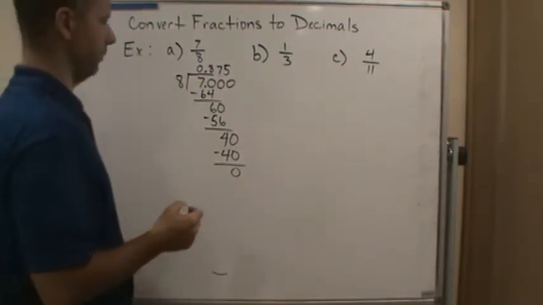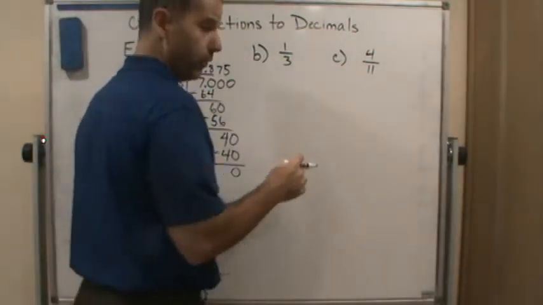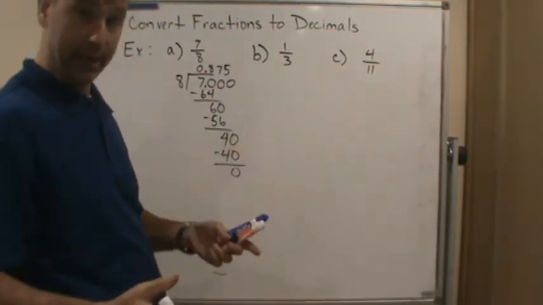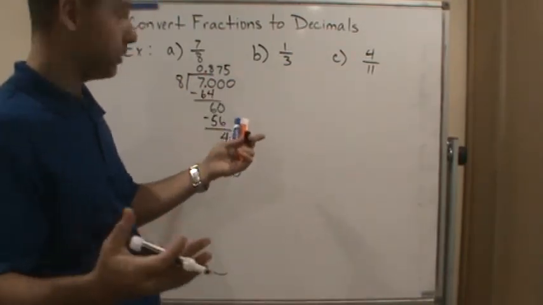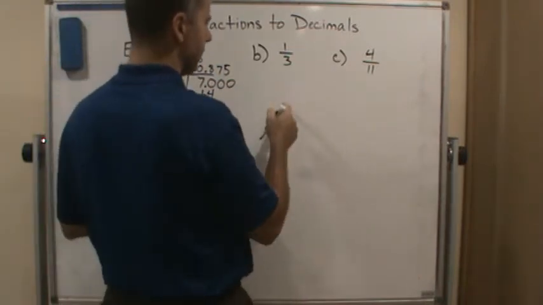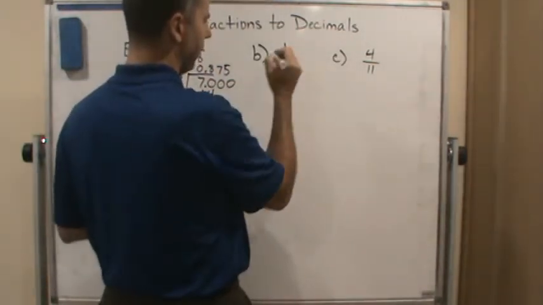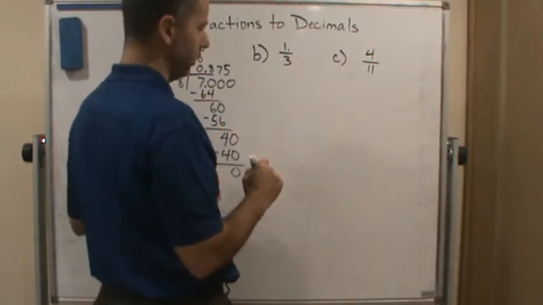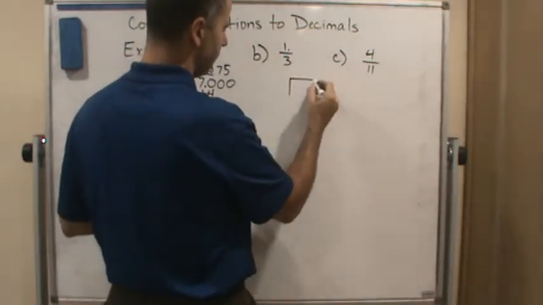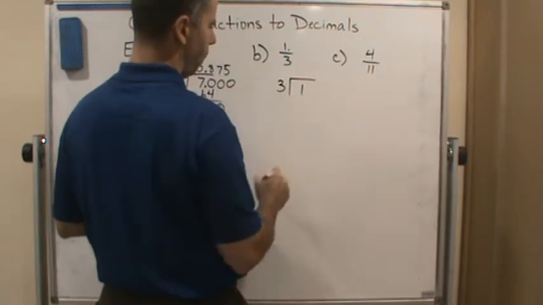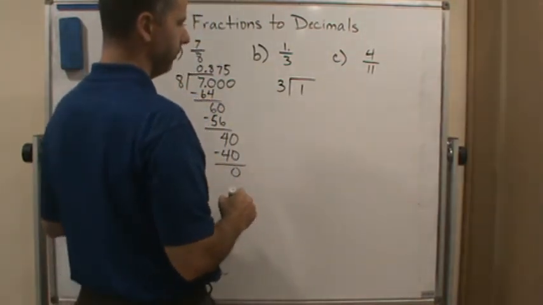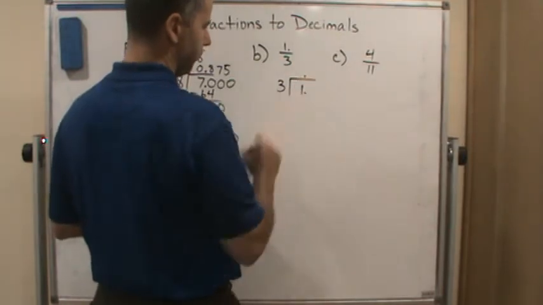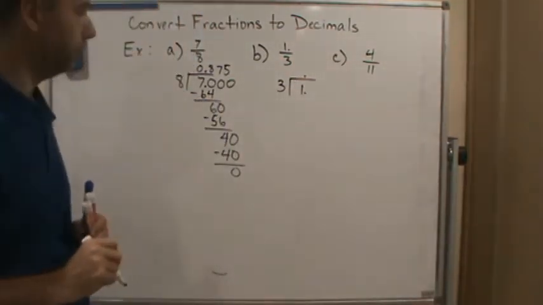Now let's do one third. Some of you might know what this is as a decimal, and if you do, that's fine. More power to you. But let's do this and put the decimal point. The decimal point is always assumed at the end of any whole number. So we're going to write this as 1 divided by 3, put the decimal point here, and raise it up on a vertical line.